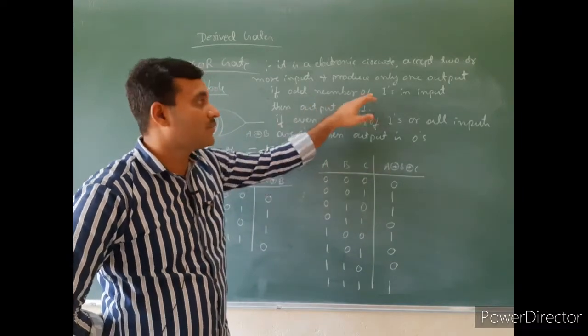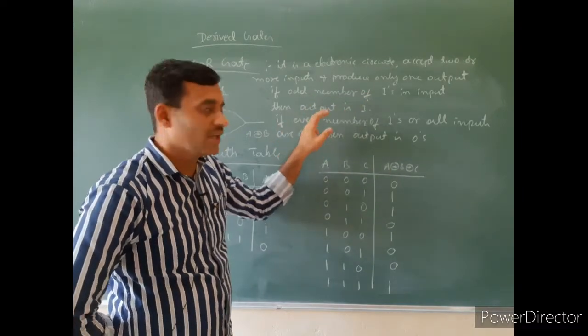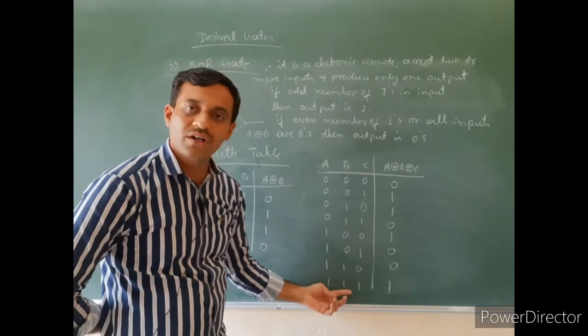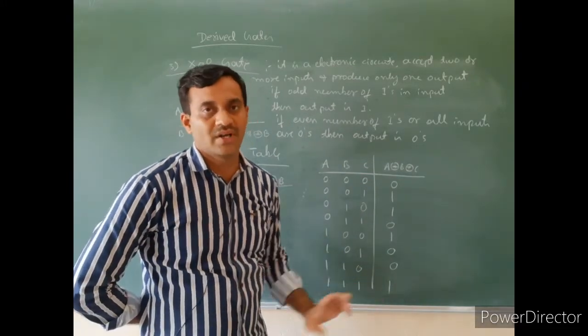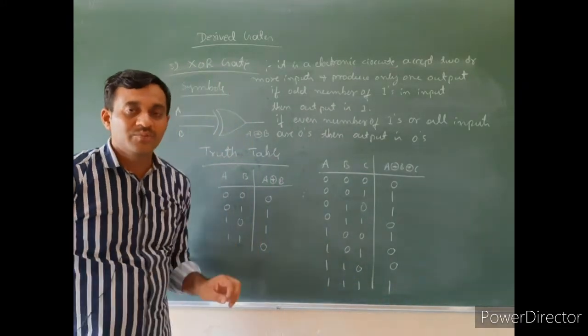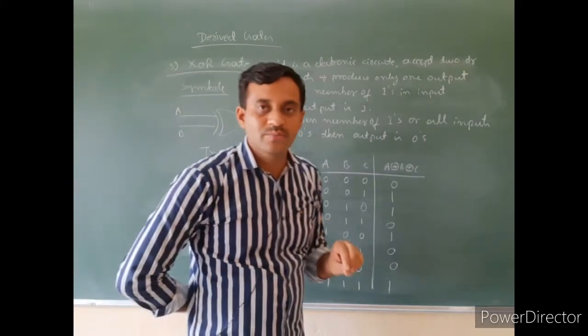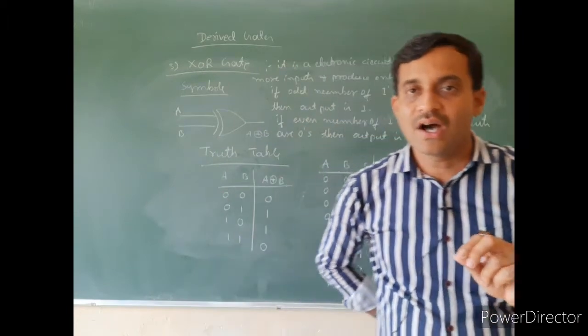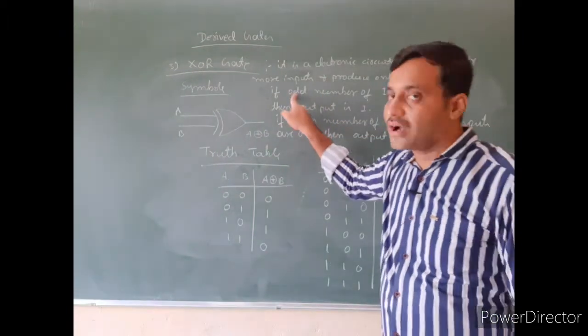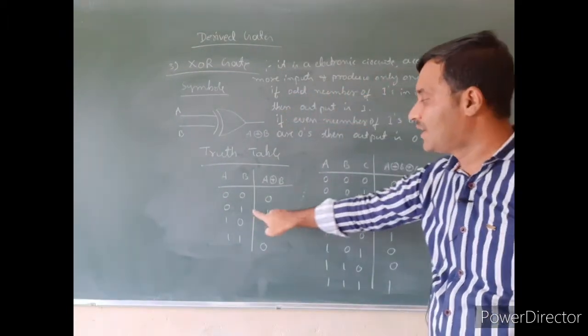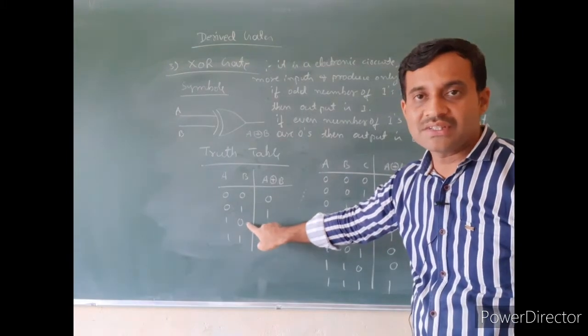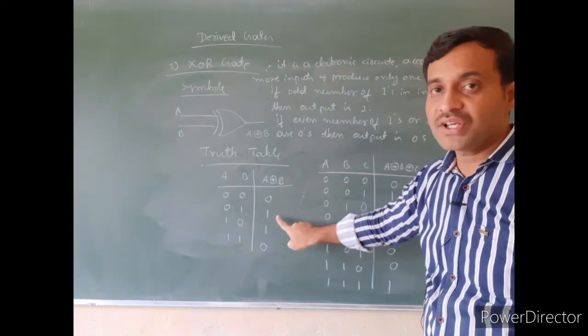If odd number of ones in the input, the output is 1. Here in the last row also there is an odd number of ones, then output is 1. Carefully observe the definition. It accepts 2 or more inputs and produces only one output. Then if odd number of ones in the input, then output is 1.